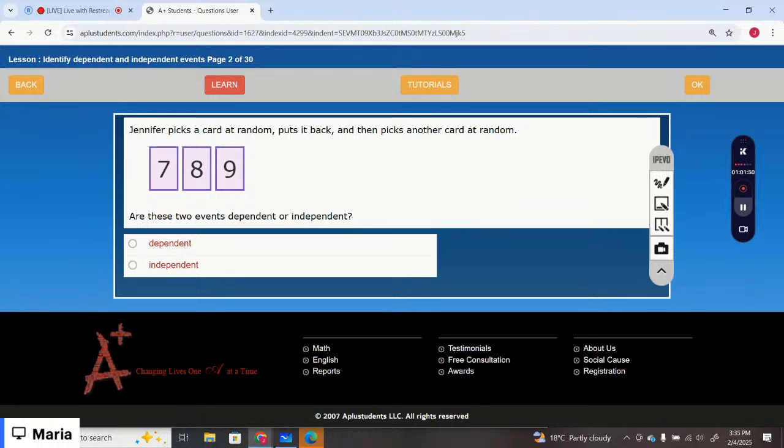So you have three outcomes for the first time, right? Jennifer picks a card but puts it back. For the second time, again she has three cards. So they are the independent events.